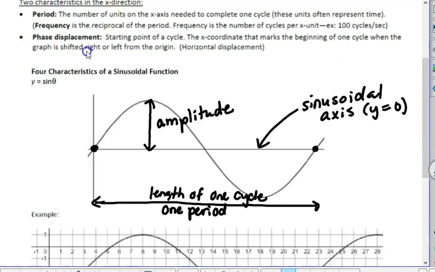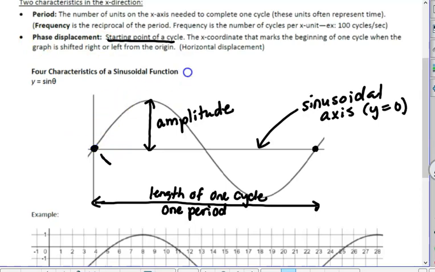The fourth characteristic, which is also in the x direction, is the phase displacement, or the starting point of a cycle. The x-coordinate that marks the beginning of one cycle when the graph is shifted left or right of the origin, or the horizontal displacement. So right now the graph has not been shifted left or right of the origin. This is a sine graph.